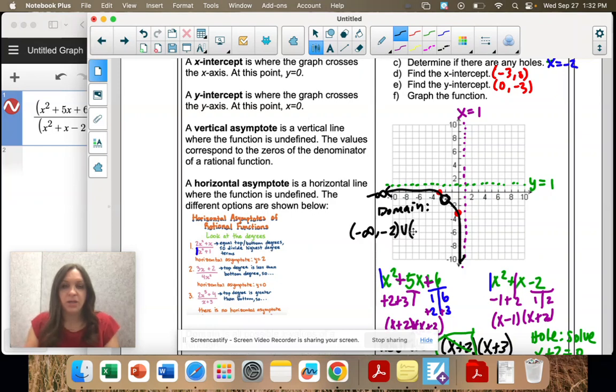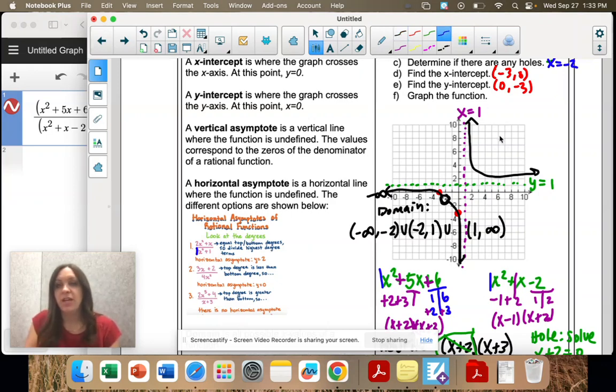Then I would pick up at negative 2, not included. It's like I'm looking at the left of the hole and the right of the hole. And then we go to the asymptote, which is x equals 1. And then over here, we pick up at 1 and go to infinity. So I would union again and then go 1 to infinity. So my domain includes the hole and the asymptote.